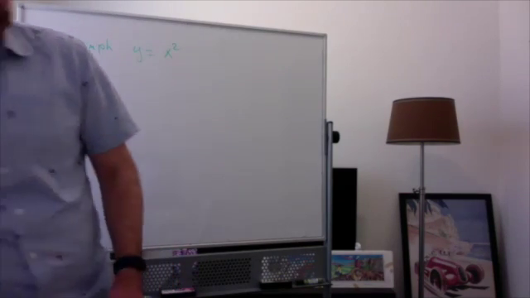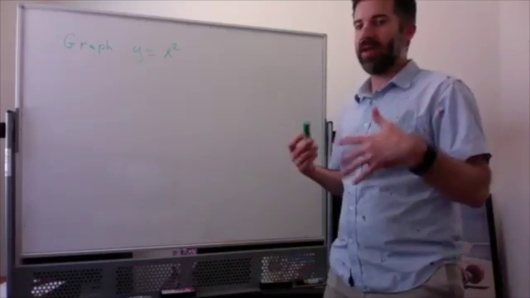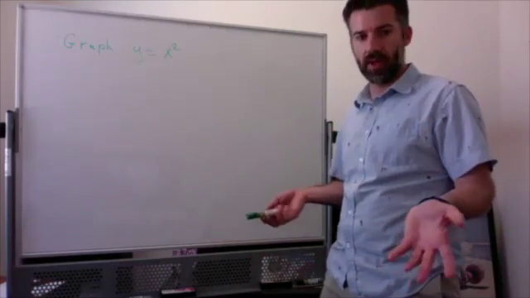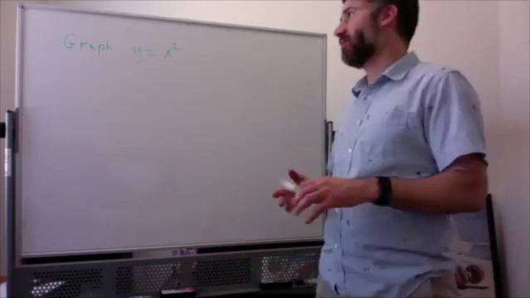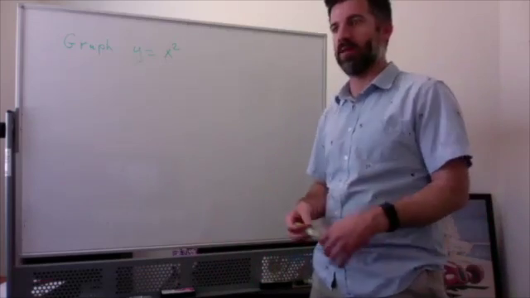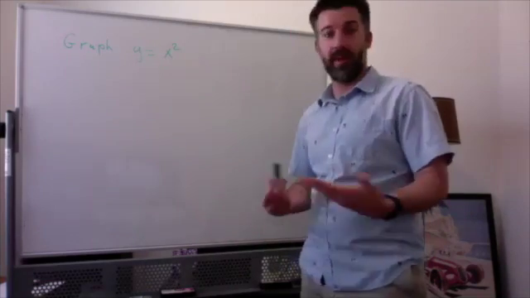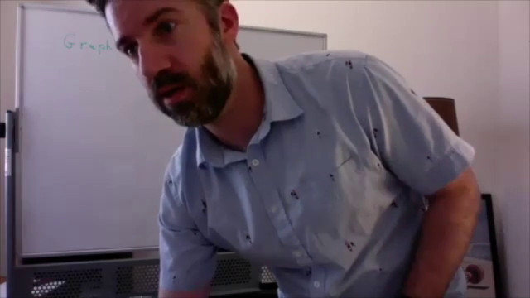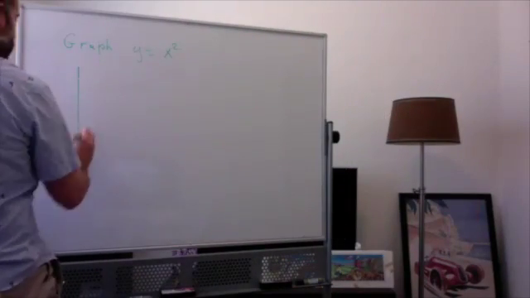I don't care so much about your parabola being super precise, just like I don't care about your line. As long as you have the right shape and the right important points, that's what matters. This parabola, the parent of all parabolas, you could plot a few points if you wanted.